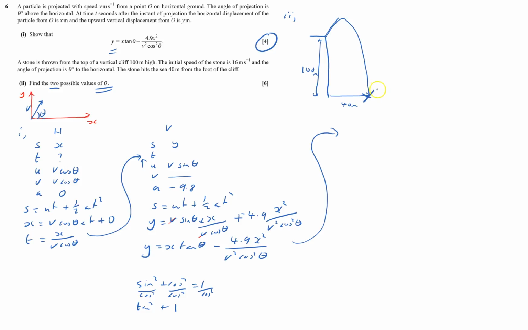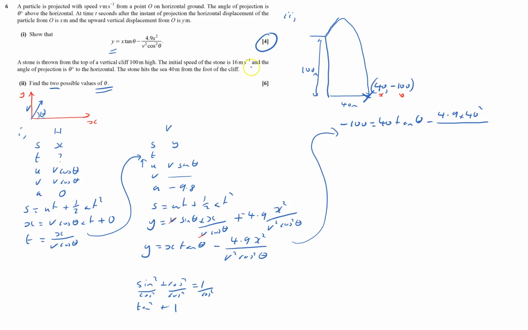Now I actually want a coordinate. The coordinates of this point: it's gone 40 across and it's down 100. When I'm substituting in, I always like to write down x and y just to check I substitute it in right. So y, that's minus 100, equals x tan theta, so 40 tan theta, and then minus 4.9 times x squared, that's 40 squared, over v squared cos squared theta.